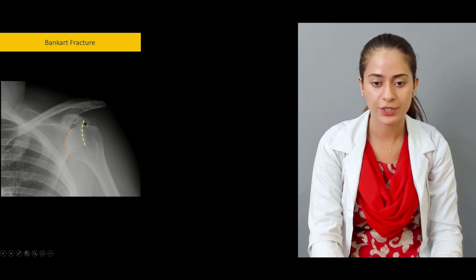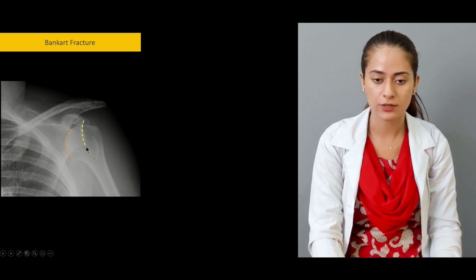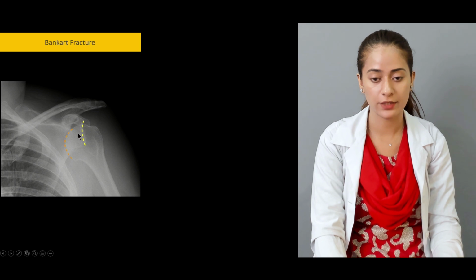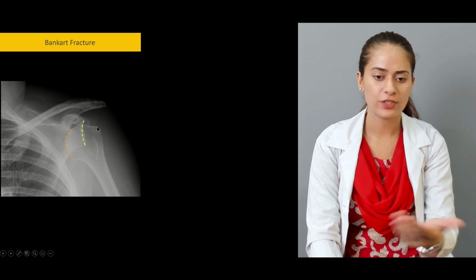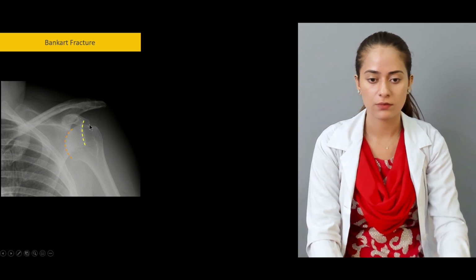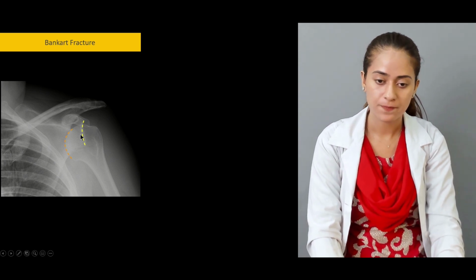And this is the orientation of the glenoid, the anatomical. There is nothing wrong with this glenoid cavity, only the humeral head has been displaced due to trauma or maybe some injury.